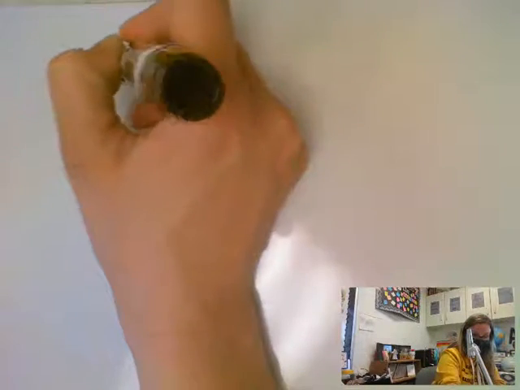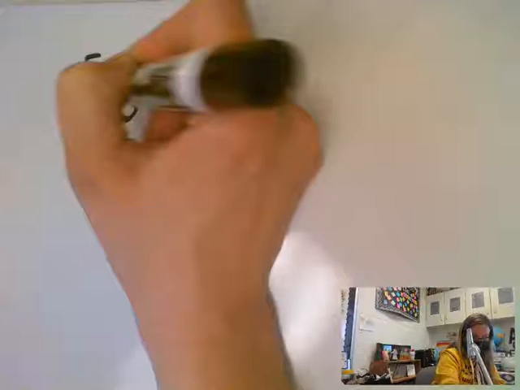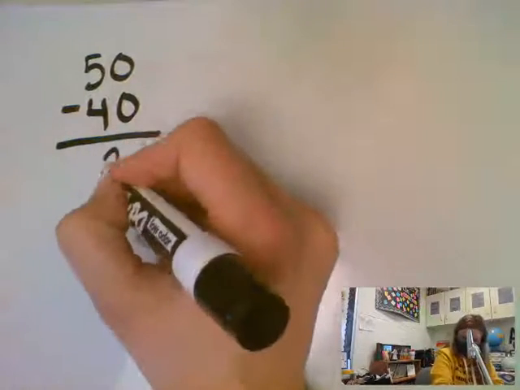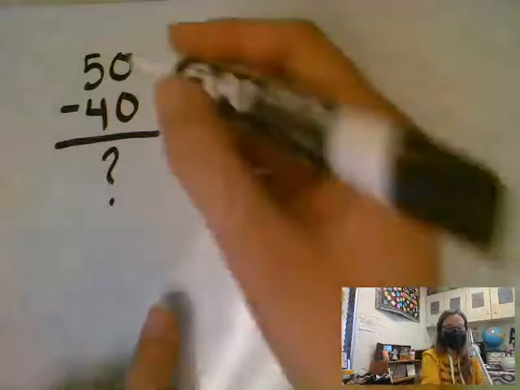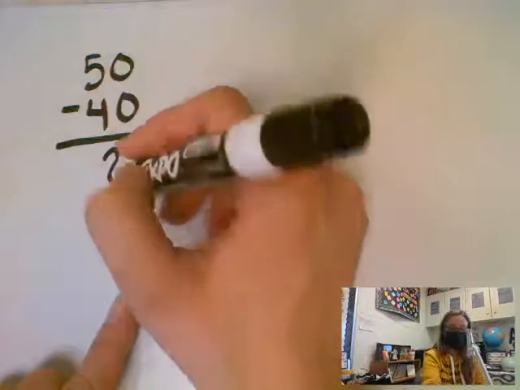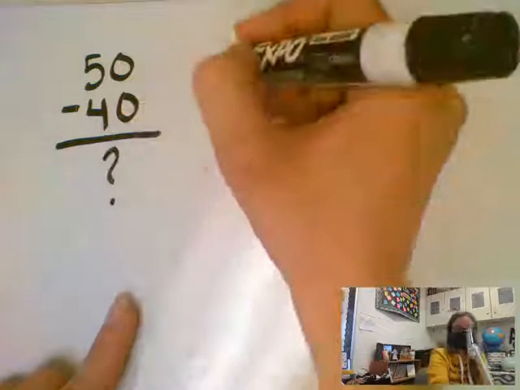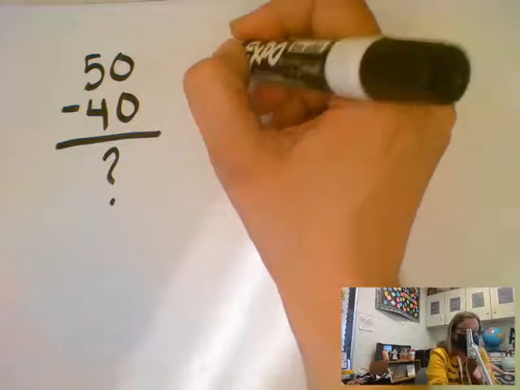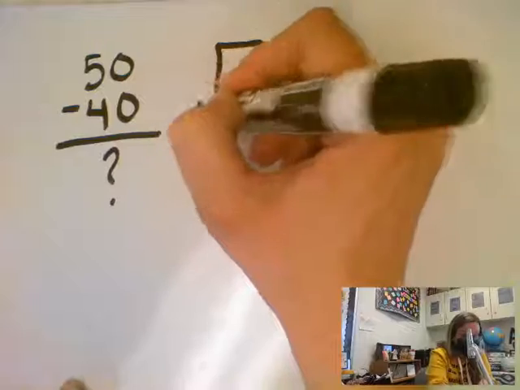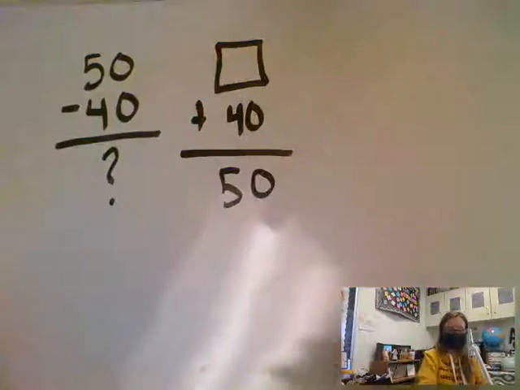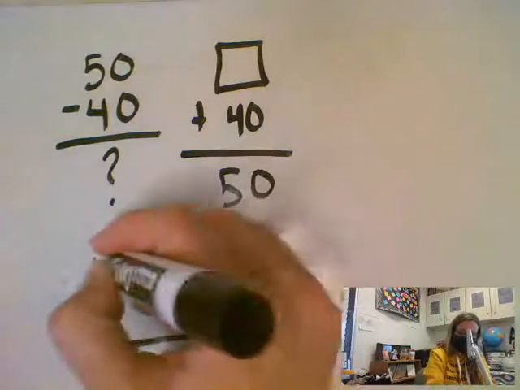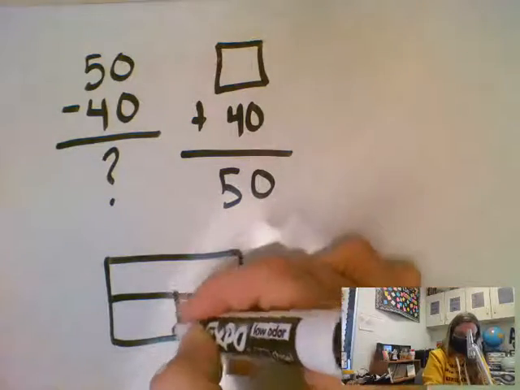Looking at number 4, it says 50 minus 40. So I have 50 take away 40 equals some number that we don't know. To get there, let's add. So if 50 minus 40 equals this number, then that number plus 40 should equal 50. So if we think about our part whole, two addends make a total or a sum.